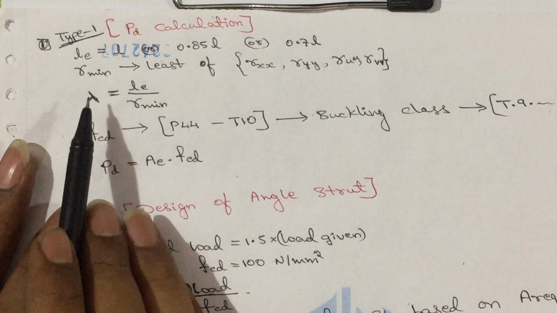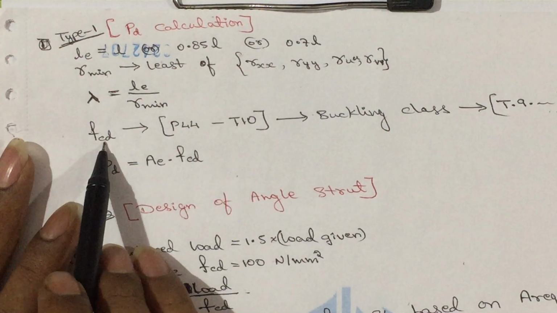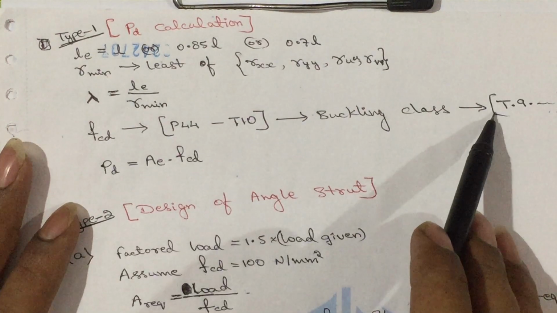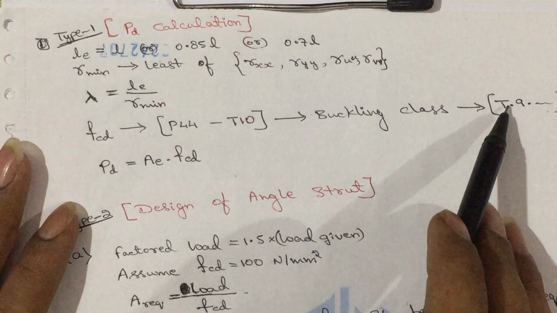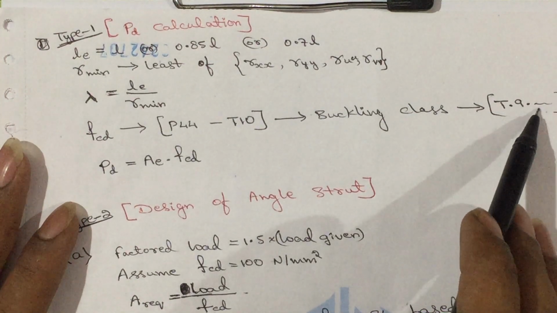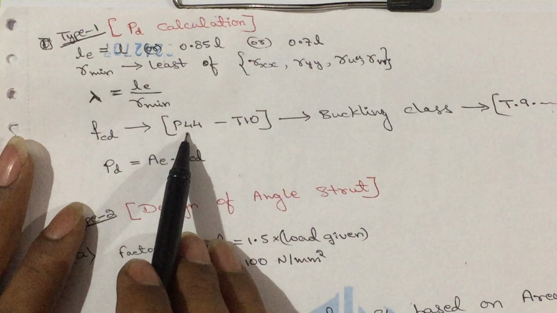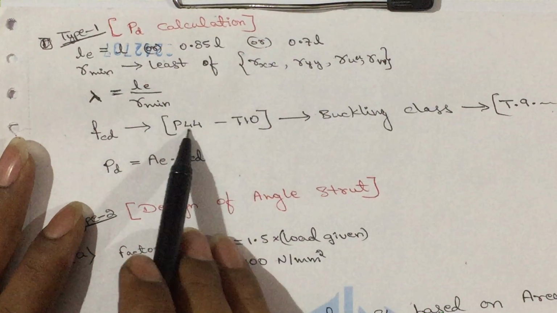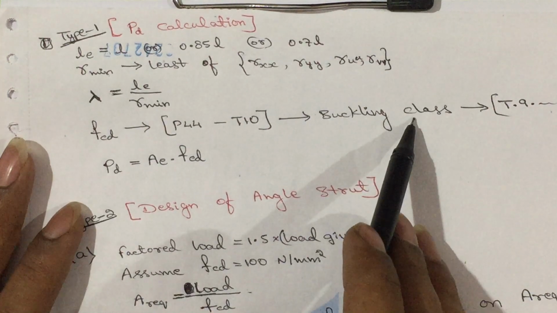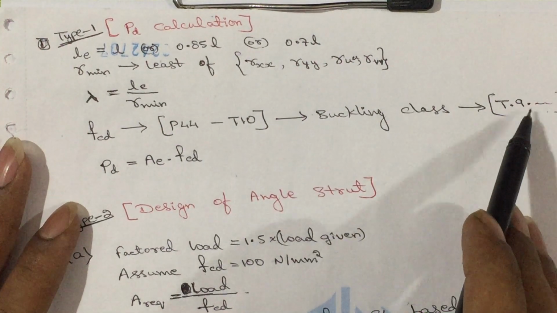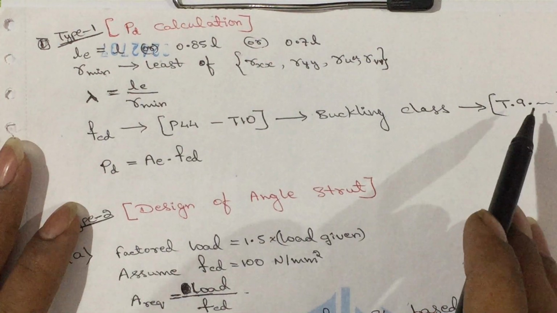Then with respect to the lambda value and Fy value, we are going to get FCD from the buckling class tables 9A to 9D. Whether we need to take 9A, 9B, 9C or 9D depends upon table 10 of page 44. From this we are going to determine the buckling class. Once the buckling class is decided, we are going to get the values in that table, 9A to 9D.